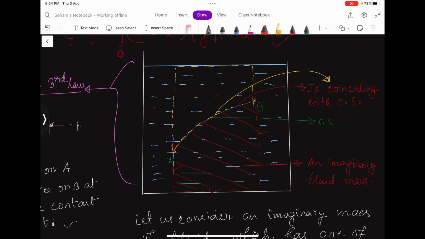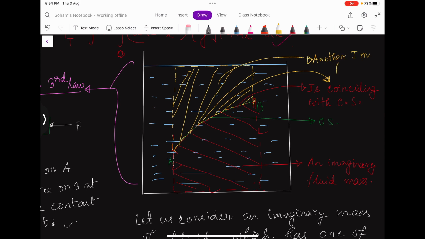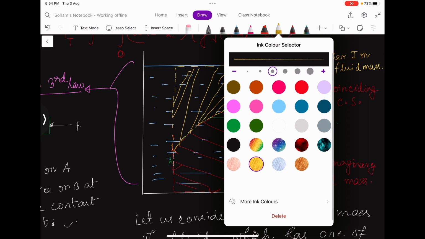Now this part is another imaginary fluid mass.